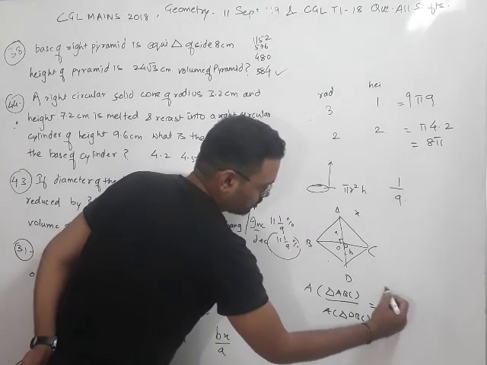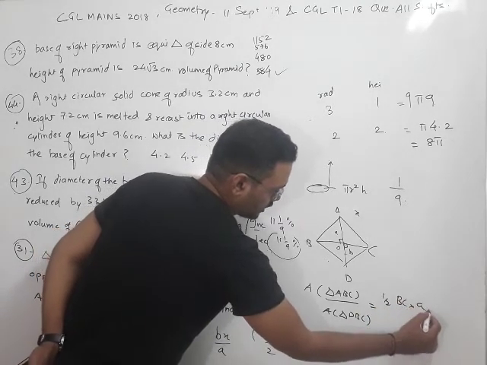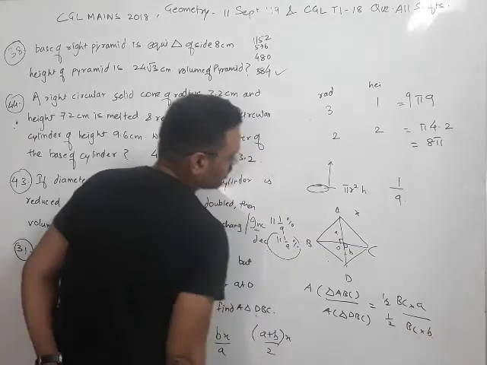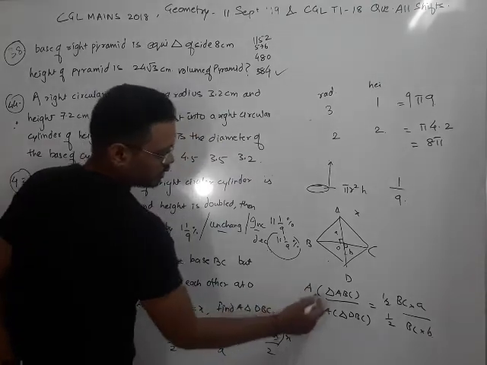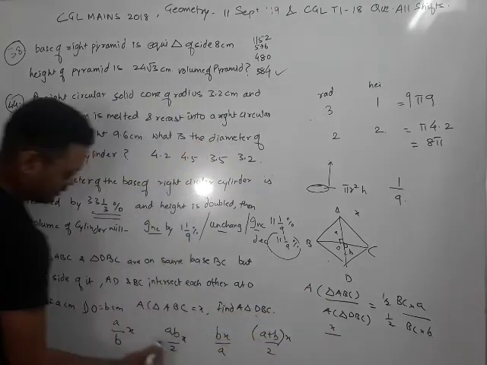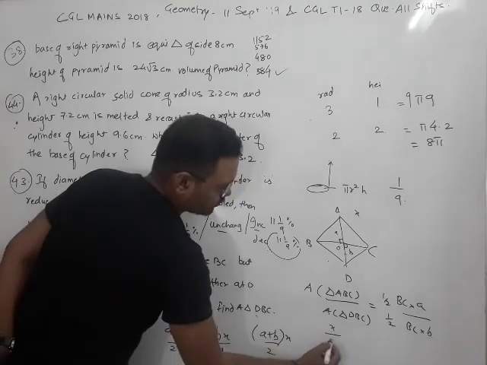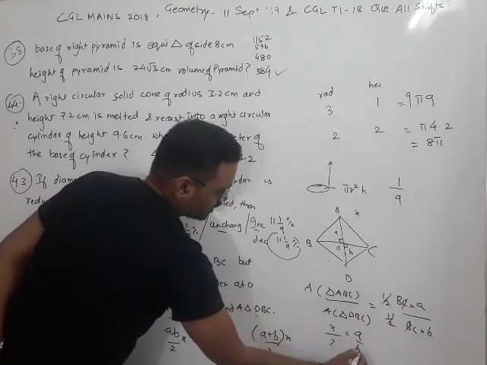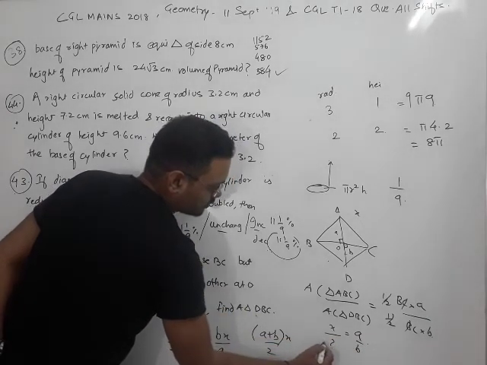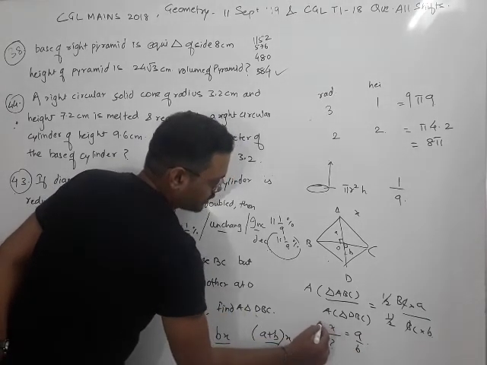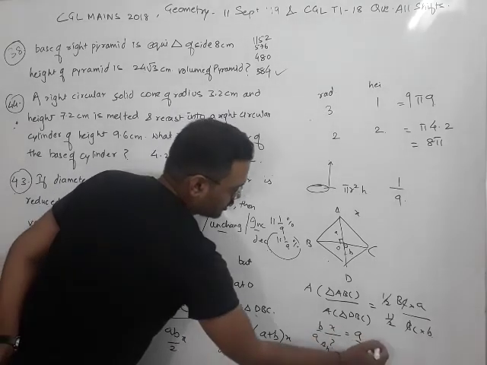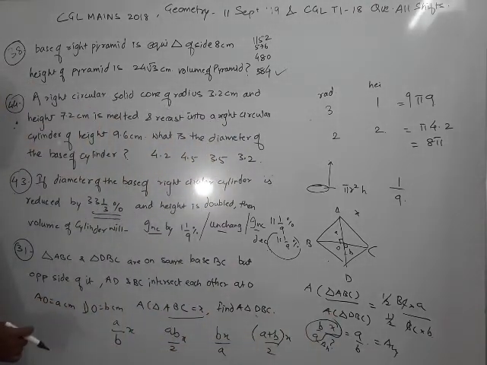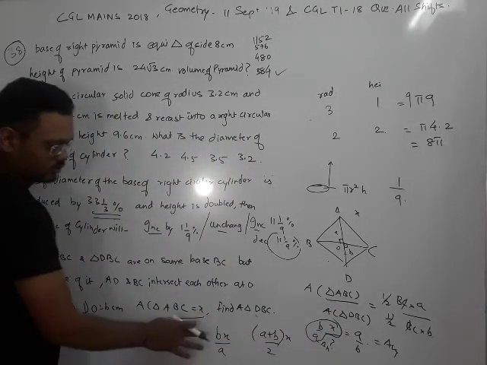Half base into height. Half base into height. ABC is x given. DBC we have to find. This both gets cancelled. A by b. So what will be the answer? X into b by a is equal to the answer. Right? So this is the answer.